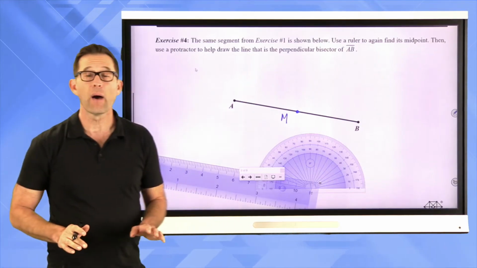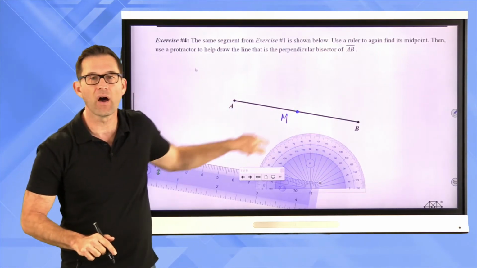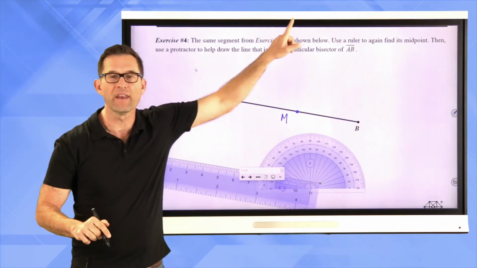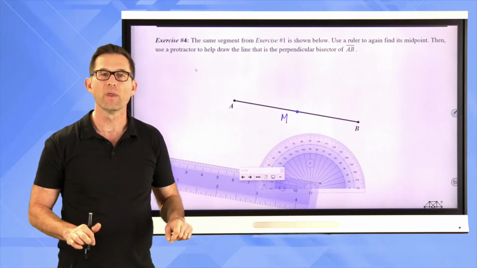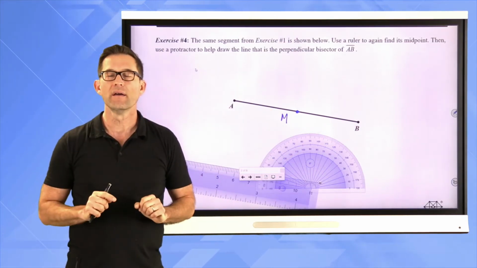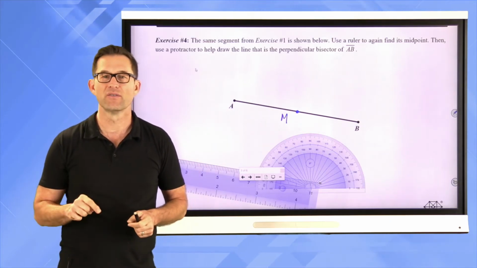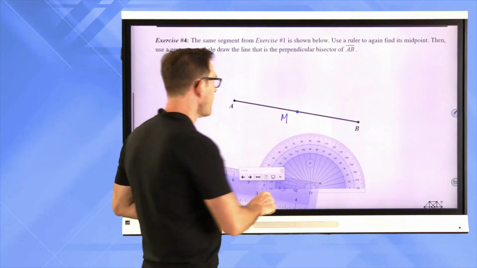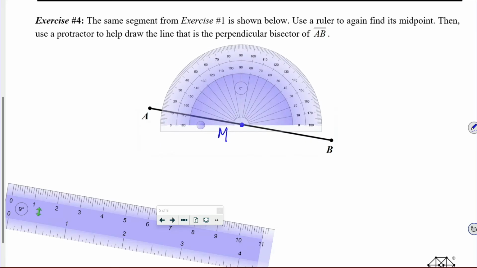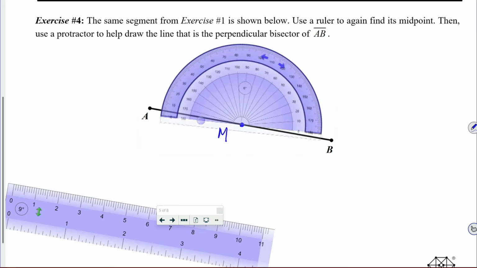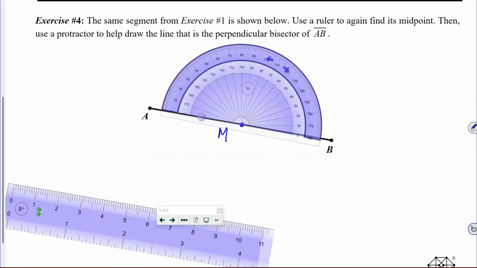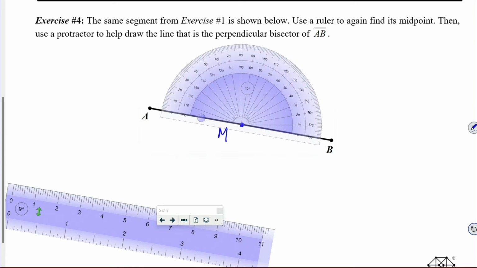Okay, great. Now again, I could draw tons of different lines that would then intersect AB at M. But there is only one line that will actually intersect AB that is perpendicular to it, right? So to find that, at least for now, I'm going to bring my compass up here, rotate it so that it lies along the edge of the compass, find that 90-degree angle, just maybe make a little mark like that.